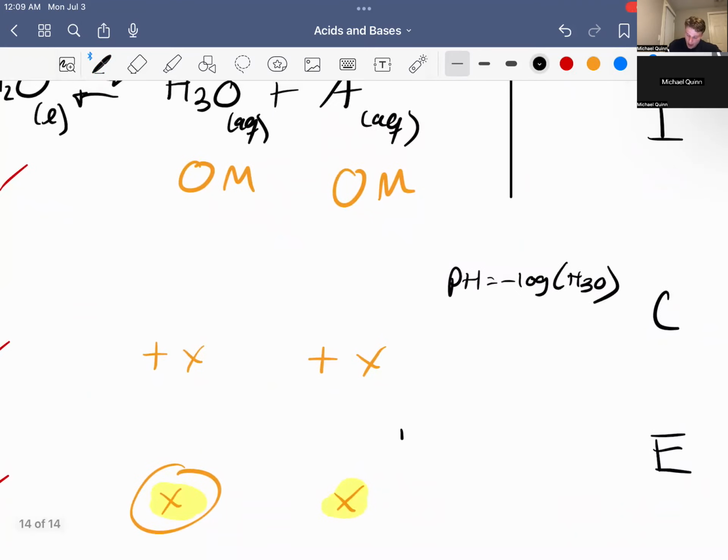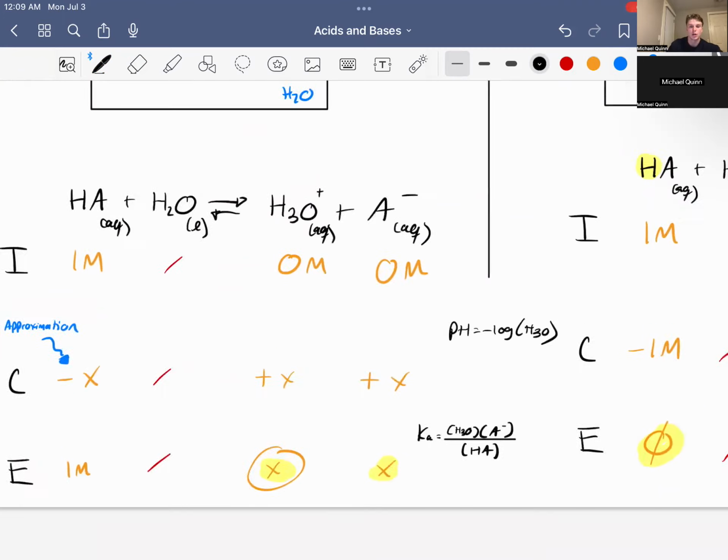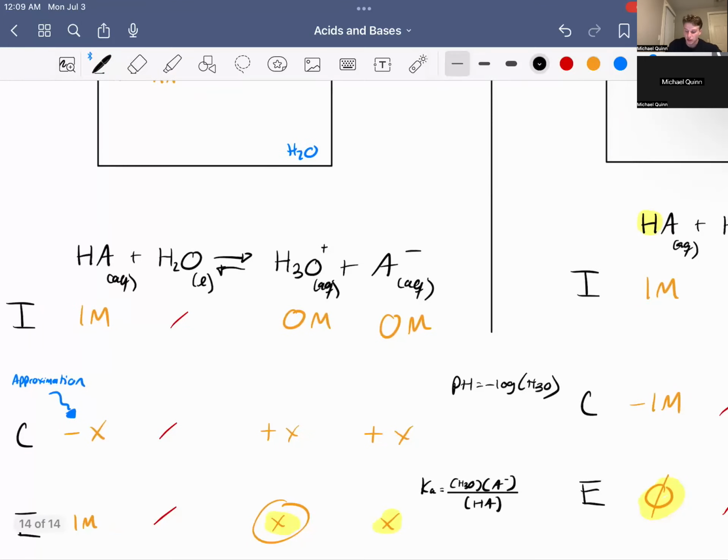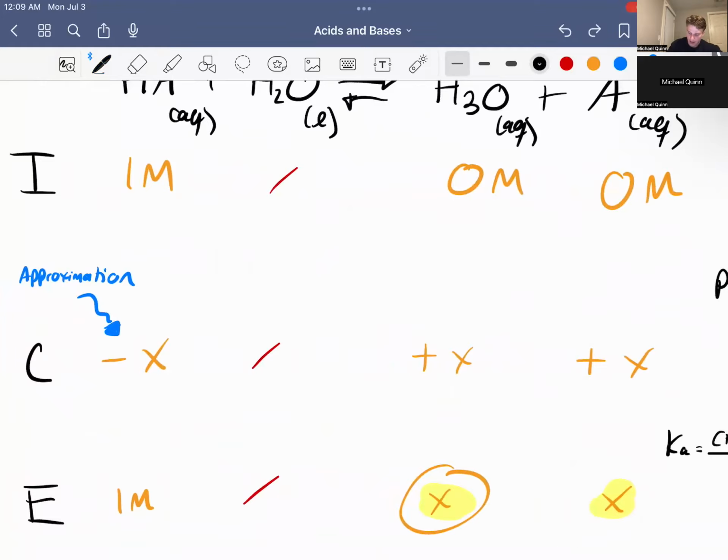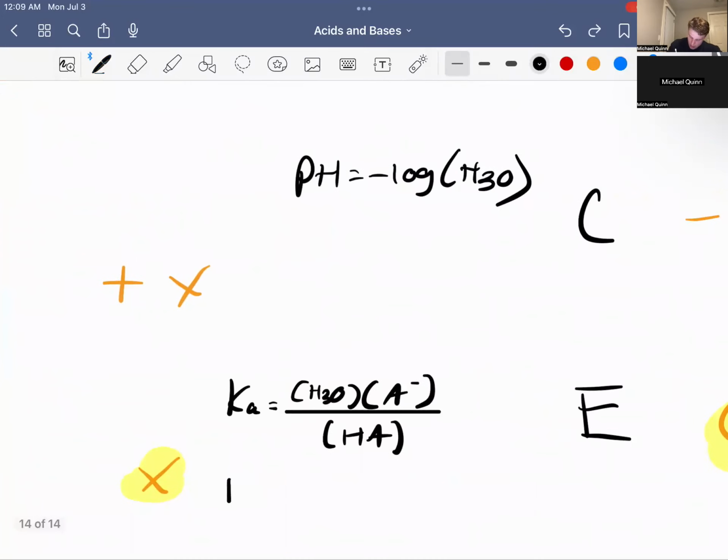How could we do this? Well, we know that Ka is equal to H3O, which is equal to this entire equilibrium expression. All we need to do is plug in our equilibrium values. Ka equals X, we don't know, X, and 1 molar.